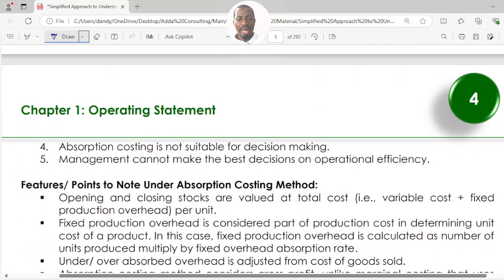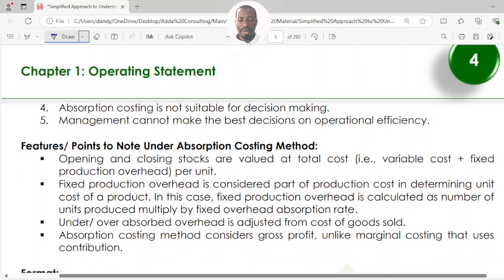Now, what are the key points you need to take into consideration whenever you want to prepare the income statement using the absorption costing method? Under the absorption costing method, opening and closing stocks are valued at total cost per unit. Say for example, the opening stock is 2,000 units. The total variable cost per unit is 5 naira.